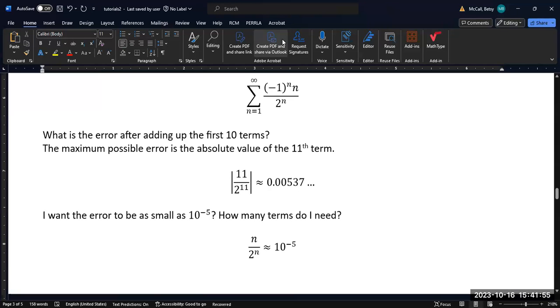X divided by 2 to the x. And then you can actually just go to your table, start someplace, integer values, put it on auto, and then just scroll down until you get your decimals far enough to 10 to the negative fifth.